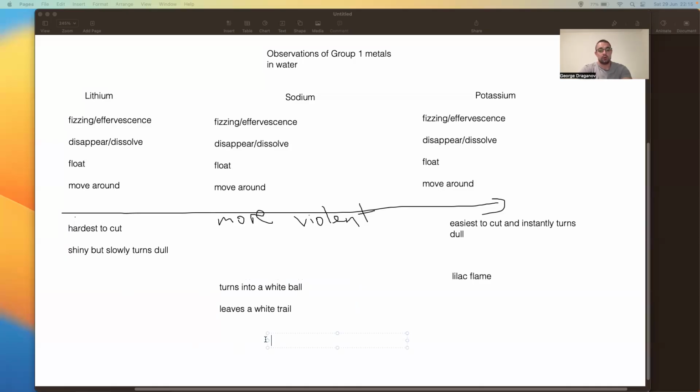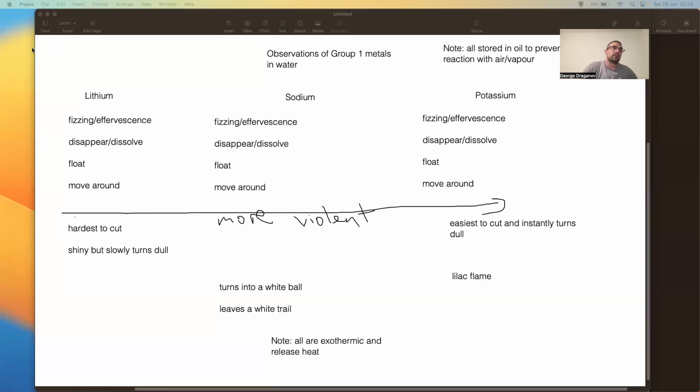Okay, note all are exothermic and release heat. It's just that you can't see the heat. You might see some steaming. Also note that all are stored in oil to prevent reaction with air, which has oxygen, so vapor.